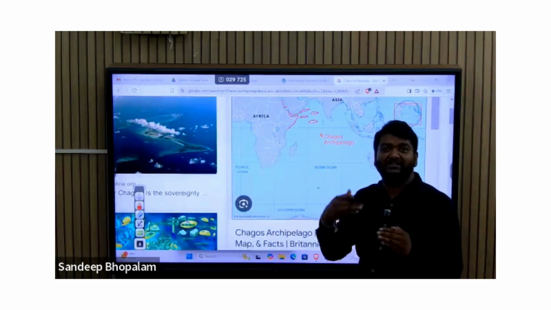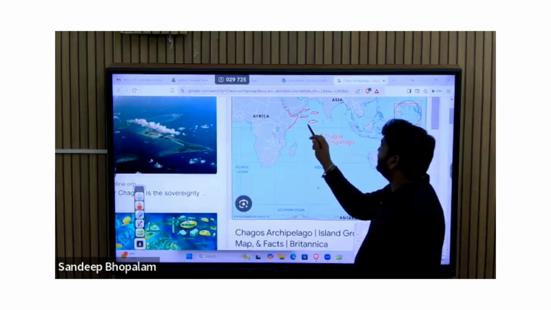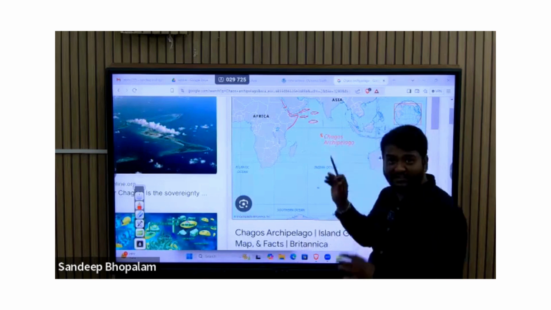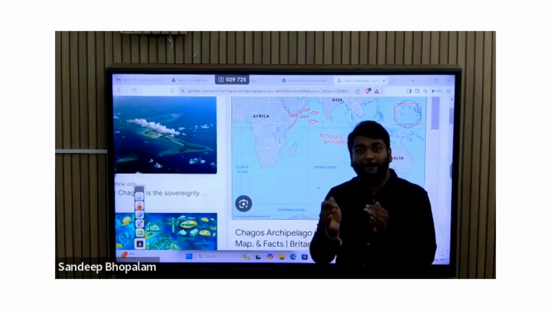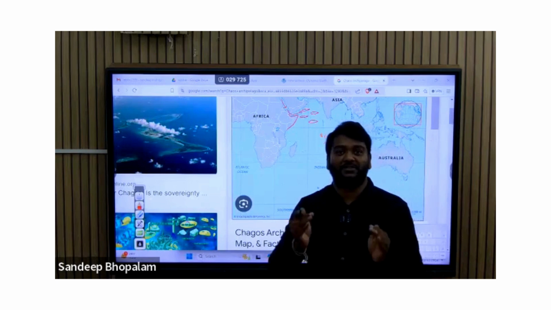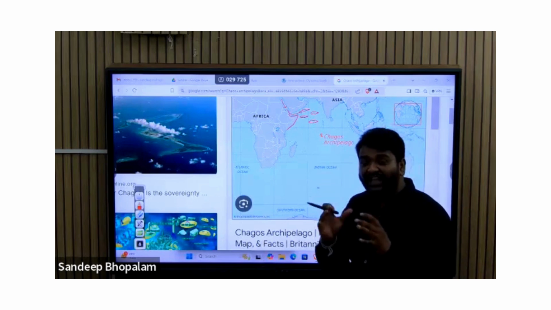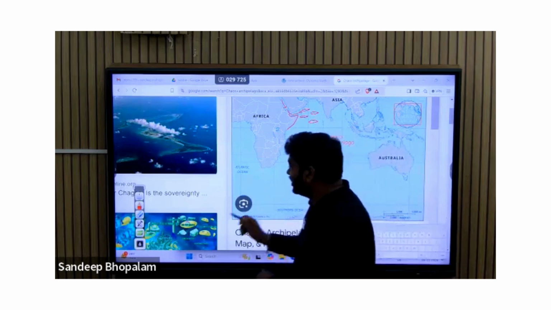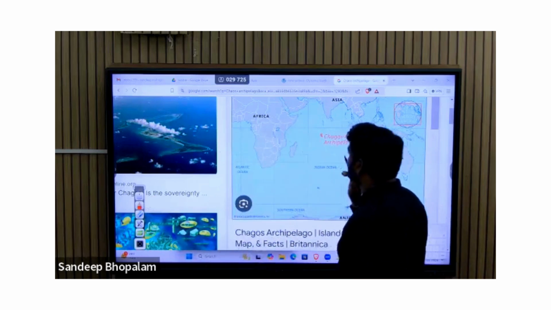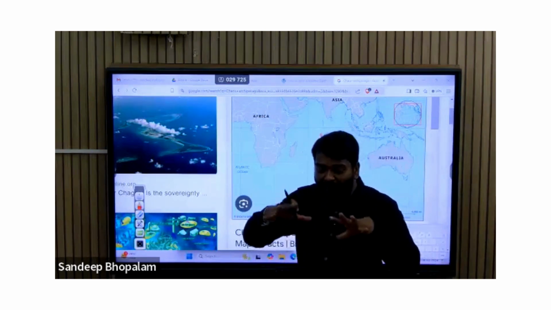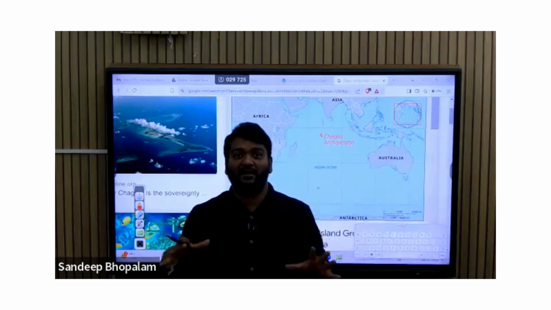US, UK, France, Germany, Italy, many countries are present in this region. Now, as many countries are present, they all want a place to keep their ships. And they're all looking for some area which they can control. In this, the US understood, after 1945, that it wanted to maintain this area.